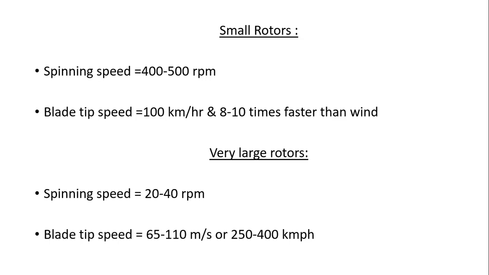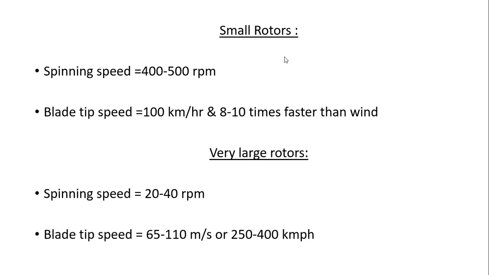If you take small rotors, they can spin at 400 to 500 revolutions per minute, because small rotors of less diameter rotate much faster. And the blade tip speed is several hundred kilometers per hour.